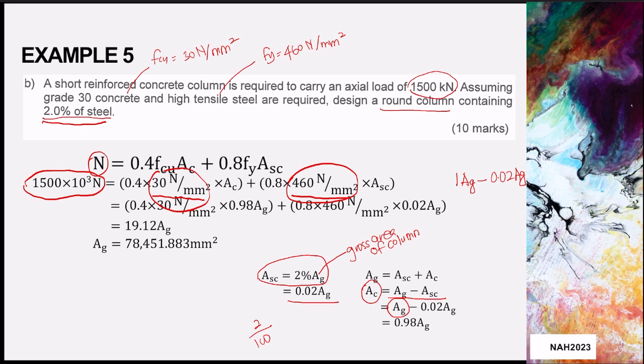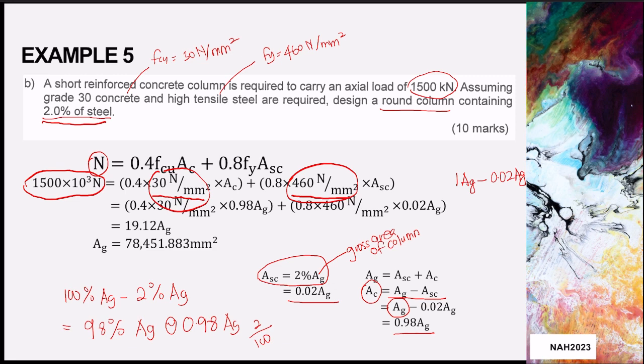Then 1 tolak 0.02, you akan dapat 0.98 AG. Sama juga kalau you tulis 100% AG minus 2% AG. Then you will get 98% AG, which is equal to 0.98 AG. Right now, kita dah ada ASC and AC dalam sebutan AG.